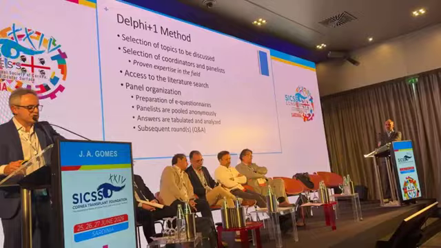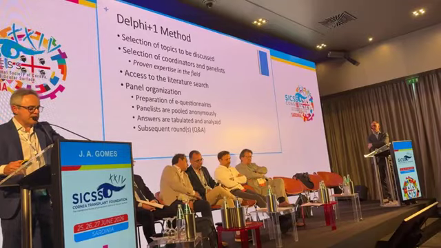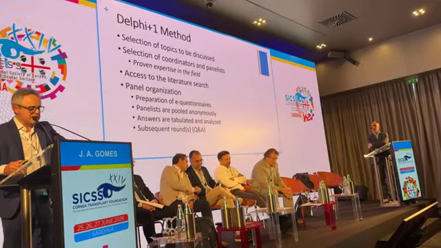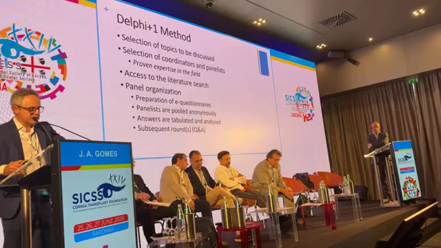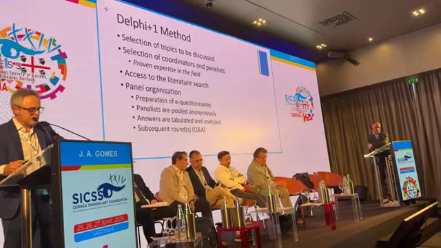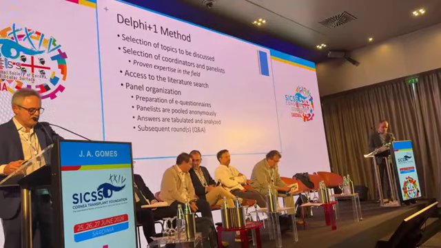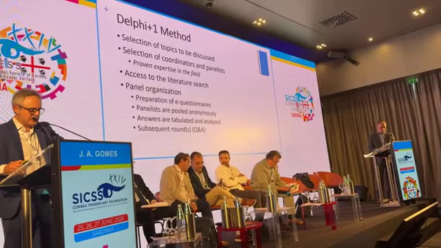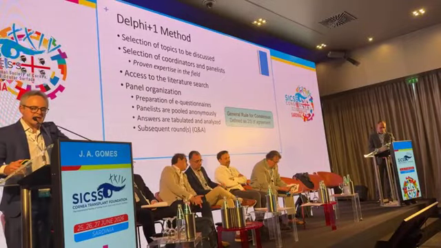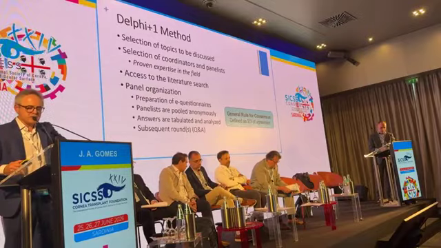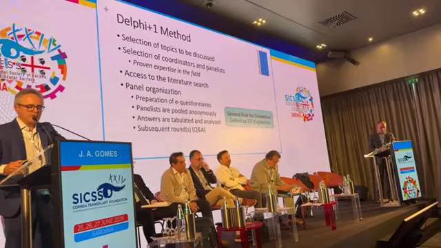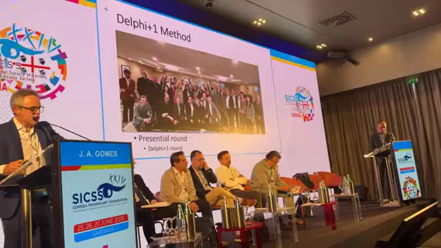So the methodology was the Delphi +1 method, exactly the same as the first consensus, in which we select the topics, then the society select the coordinators and panelists with proven expertise in the field. All of them had access to the literature search, and the panel was organized with the preparation of the e-questionnaires. The panelists were polled anonymously, and answers were tabulated and analyzed for subsequent rounds. As a general rule for consensus, it was defined when you had 2/3 of agreement.